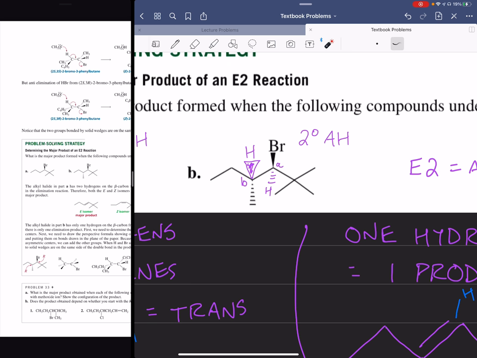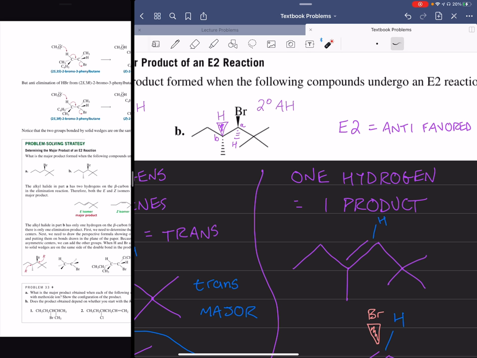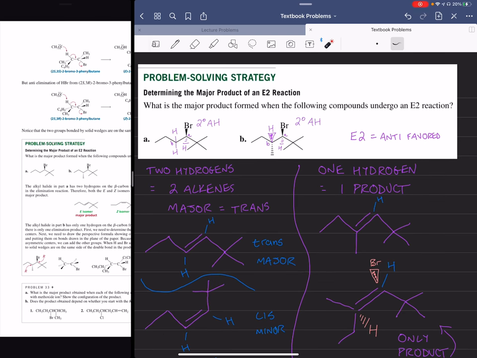So what we want to do here is we do want to rotate this because we don't want our hydrogen and we don't want our bromine both wedged, both coming towards us. It doesn't matter what side you rotate, but what I did here was I drew out both possibilities, okay?